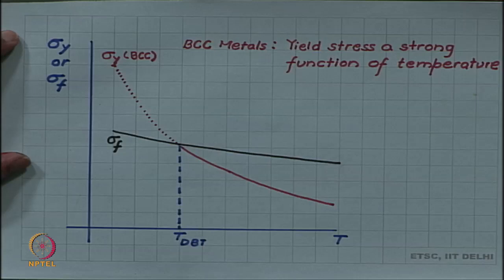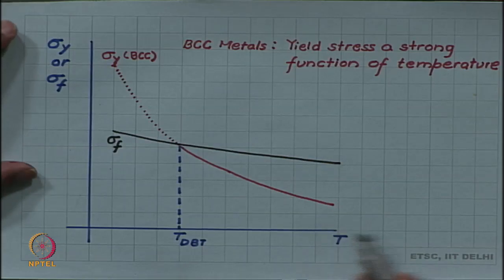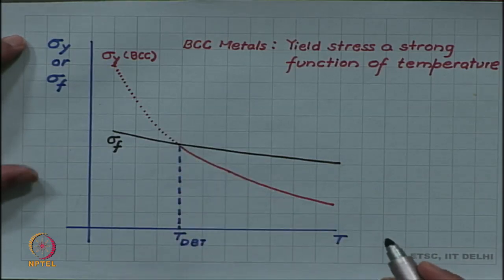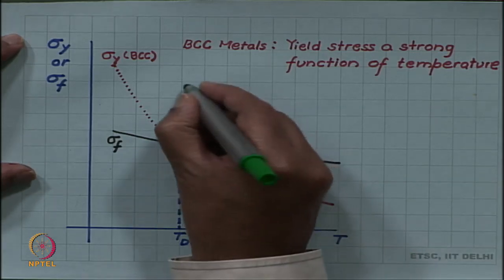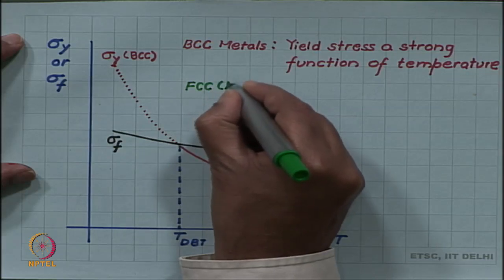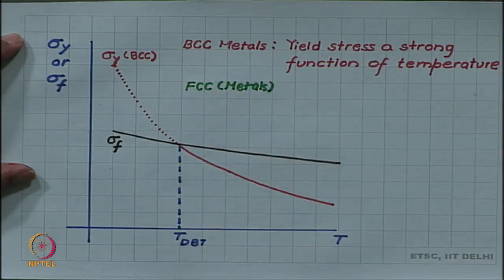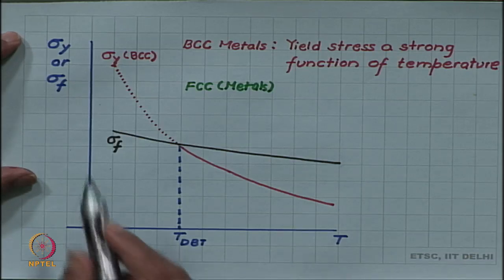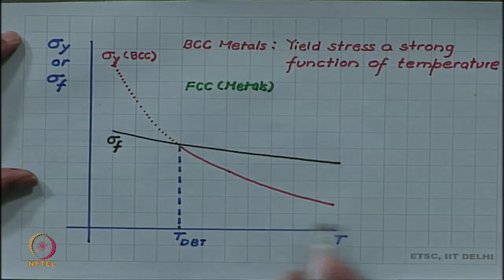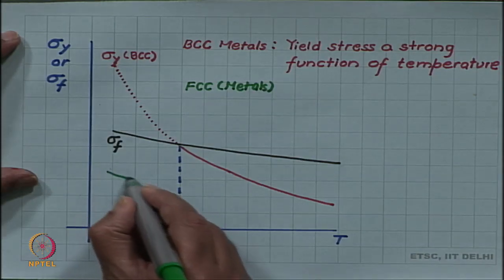For some materials, the yield stress varies much more slowly than shown for the BCC material here. This is the case particularly for FCC materials. So, if we look at FCC metals, and if I draw the yield stress versus temperature plot for that, the plot will look something like this.